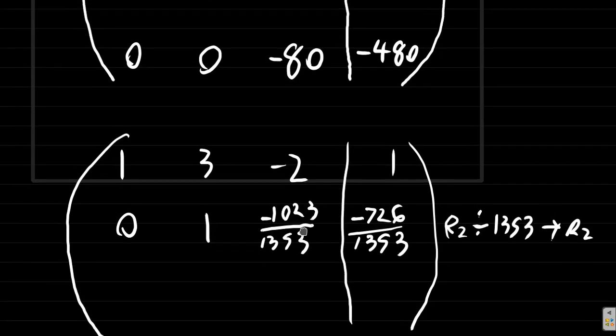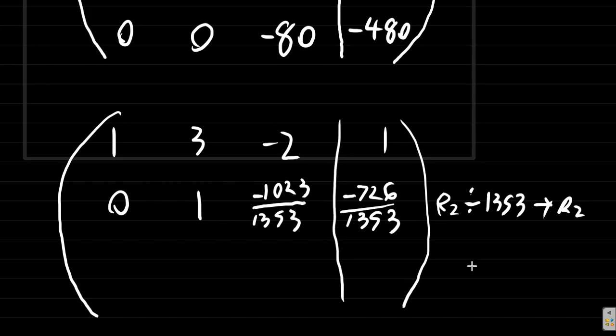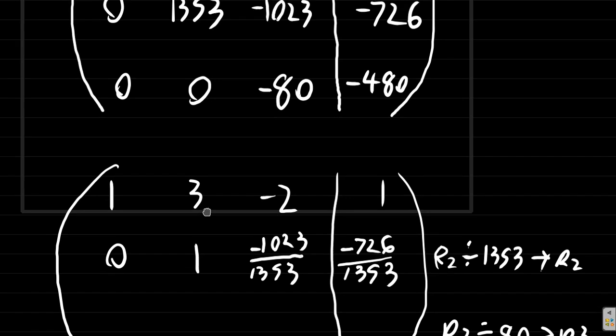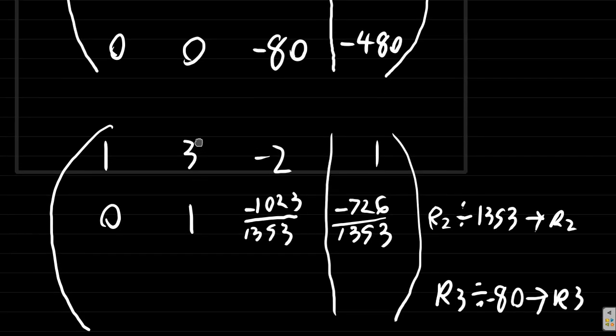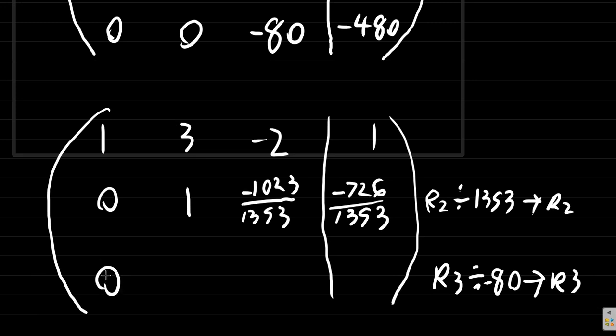After that, we turn our negative 80 in row 3 into 1. So row 3 divided by negative 80 leads to our new row 3. 0 over negative 80 is 0, negative 80 over negative 80 is 1, and then negative 480 over negative 80 is going to be 6.